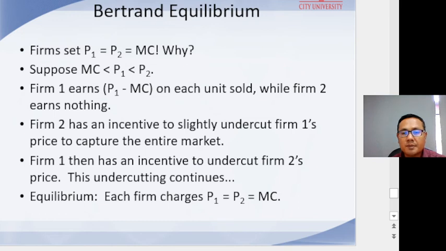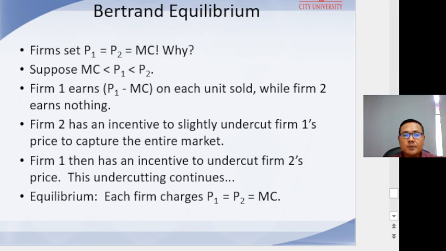will purchase from the firm charging the lowest price, right? For concreteness, suppose firm 1 charges the monopoly price. By slightly undercutting this price, firm 2 would capture the entire market and make positive profit, while firm 1 would sell nothing.